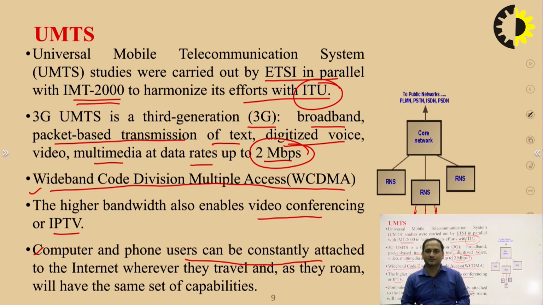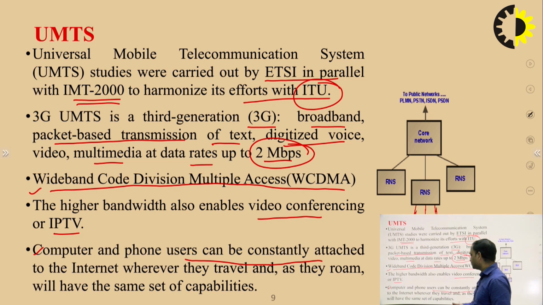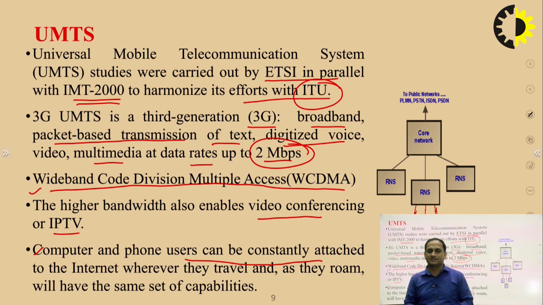This is a very nice feature of the UMTS system. So obviously when we improve the data rate, internet access will be easier, and there will not be any delay in browsing of the network.